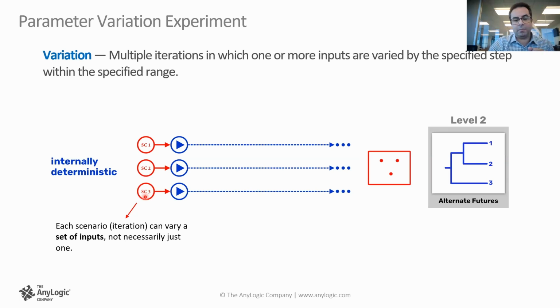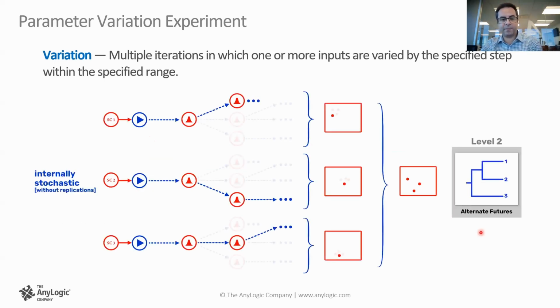So just keep that in mind. But these are alternative scenarios. We run them deterministically, and when we run them, we get a fixed end state that we can identify. And then we have figured out our future states.